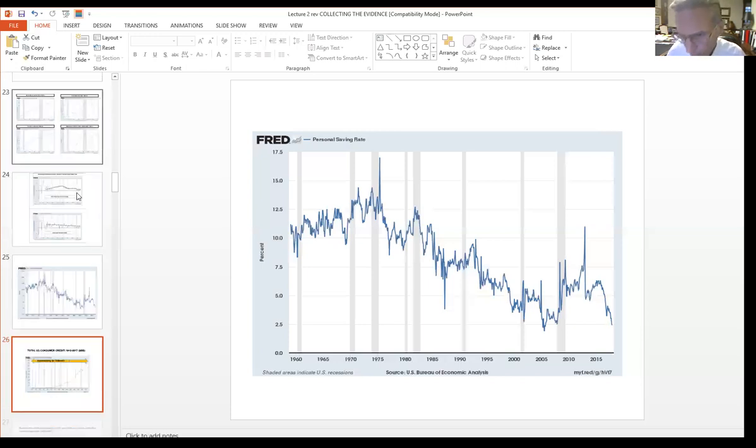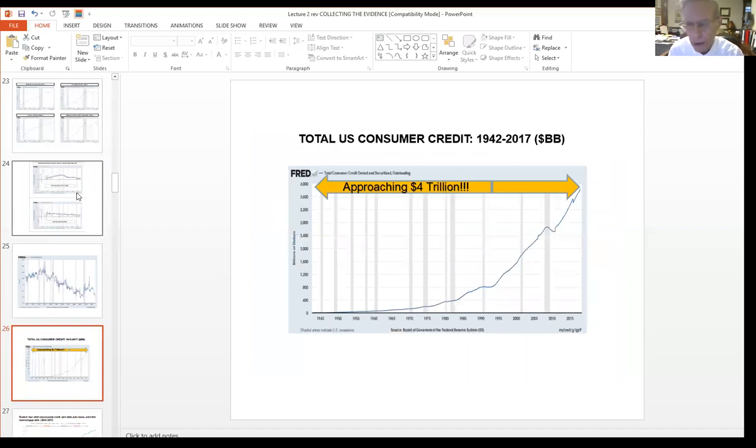So here's the consequence: rising consumer debt. You can see that consumer debt came down during the recession, and the decline went past the recession, which is consistent with what I just told you a minute ago. So we were repaying debt back then.